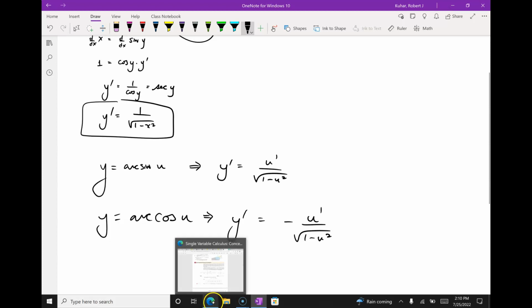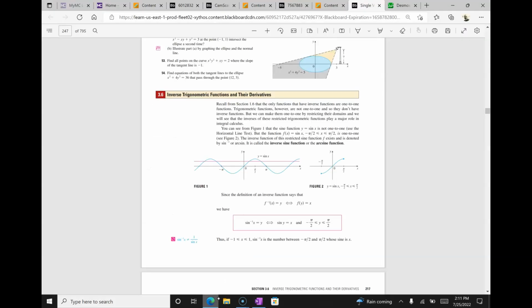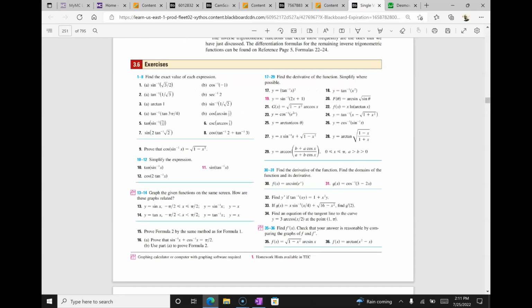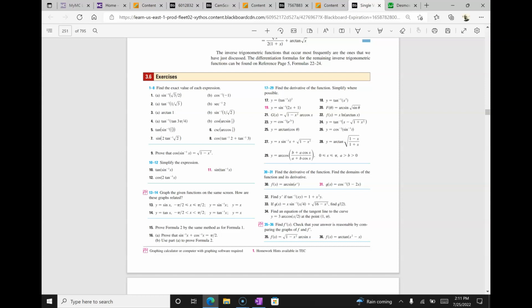Let's do a problem from the book. Anything look interesting there?